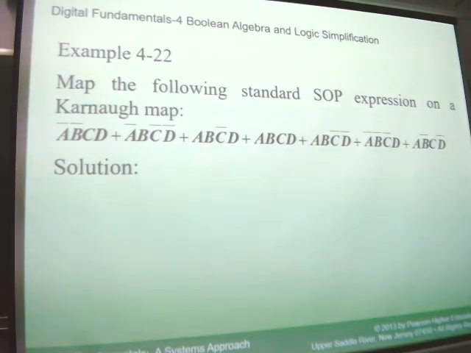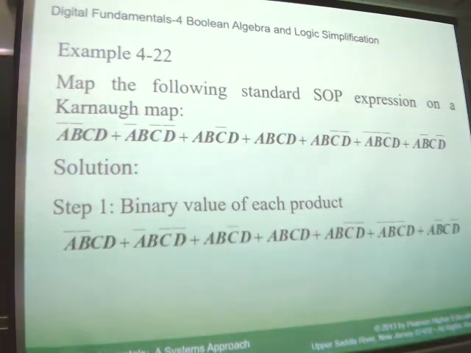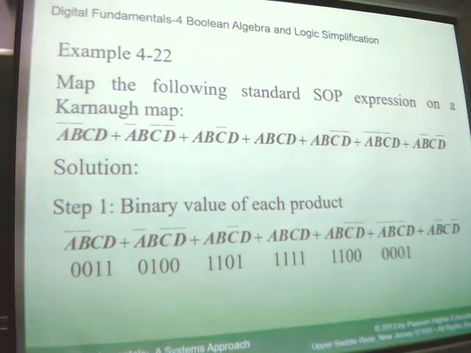Another example, map the following standard SOP expression on the Karnaugh map. There are 4 variables, so it is more complicated. First, find the binary value of each product term: 0011, 0100, 1101, 1111, 1110, 0000, 0110.